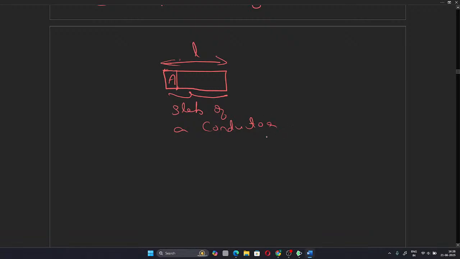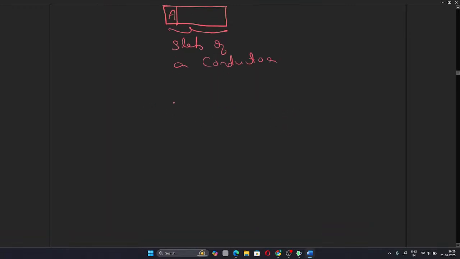Then we know that V equals IR. This is Ohm's law statement.